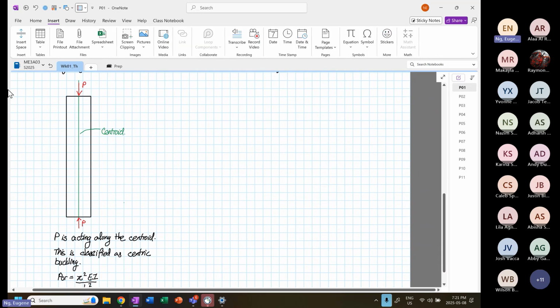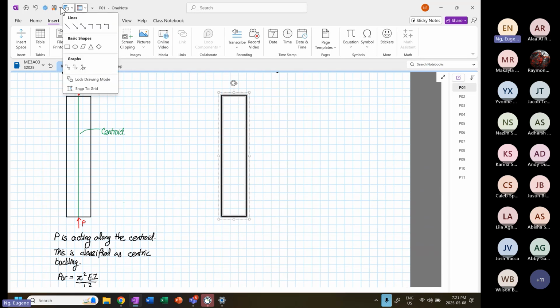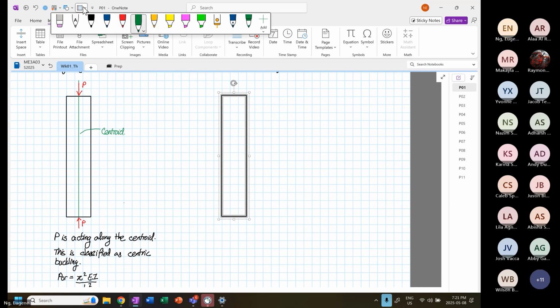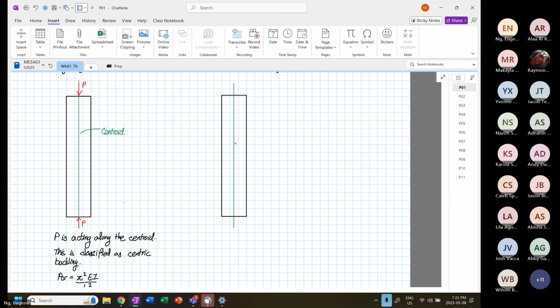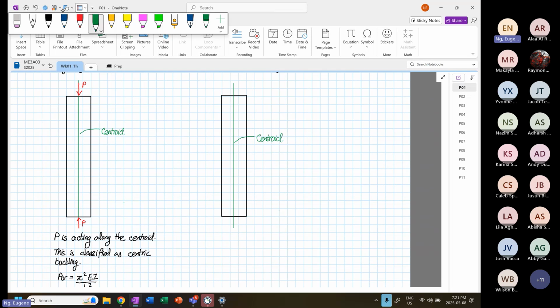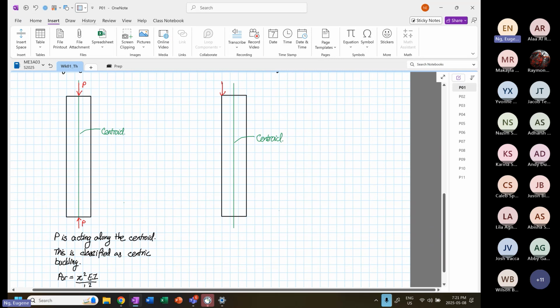I'll show you the next structure. The structure has the same thickness, and then we have our centroid. Same thing, this is still our centroid. Now the structure will also buckle if the load is not applied on the centroid.